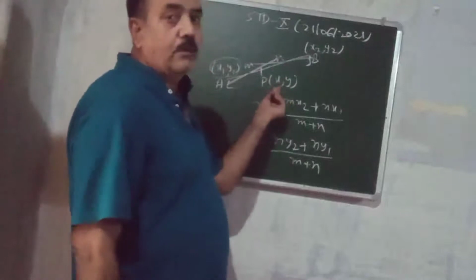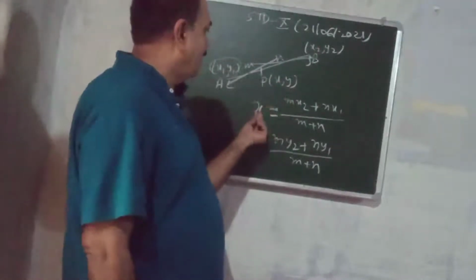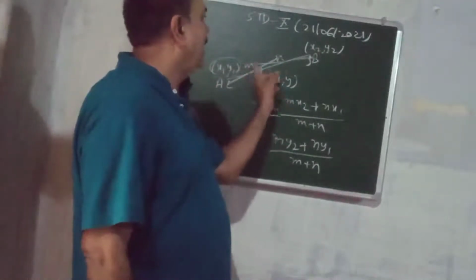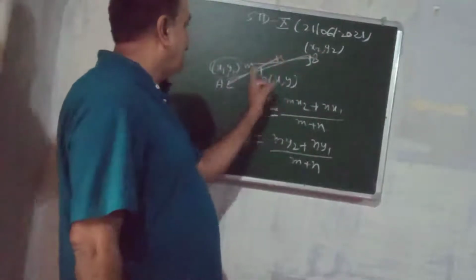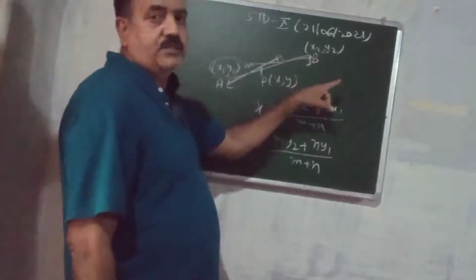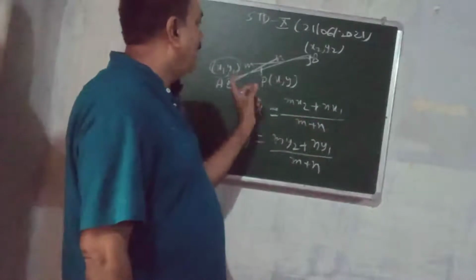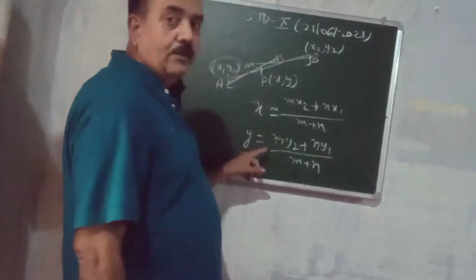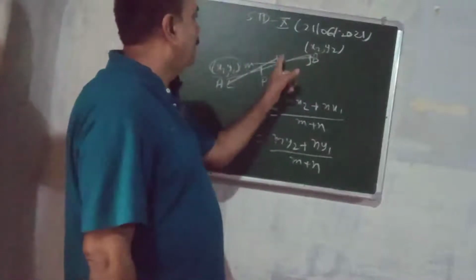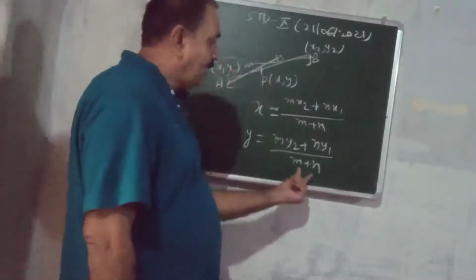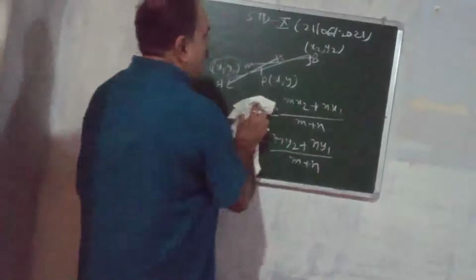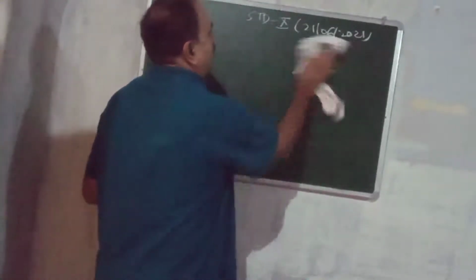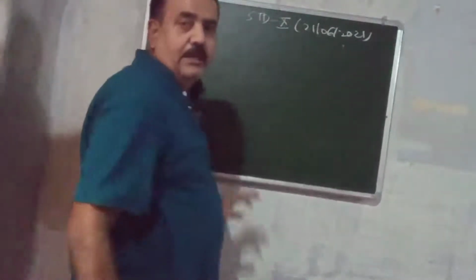Then the x coordinate is (mx2 plus nx1) divided by the sum of the ratio m plus n. Similarly, the y coordinate is (my2 plus ny1) by m plus n. This is known as the section formula.